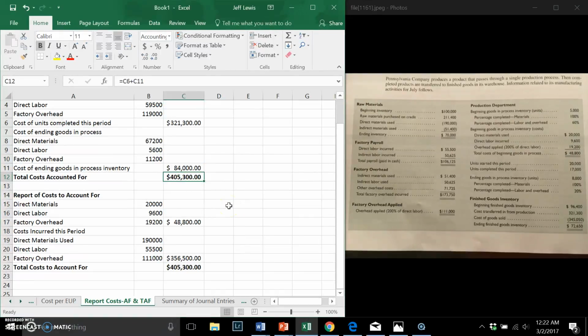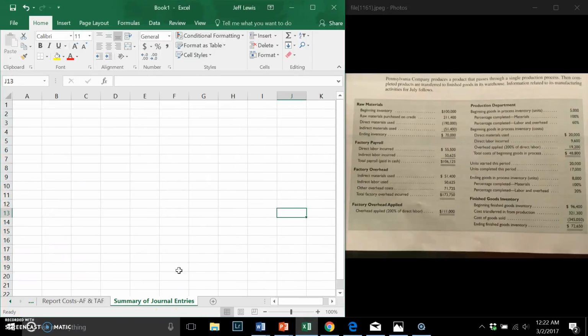Upcoming next is part 5, which is the summary of journal entries. The question reads, prepare a summary of journal entries to record the transactions and events for July. For our raw materials purchases, we're going to have 2 accounts, raw materials inventory and accounts payable.